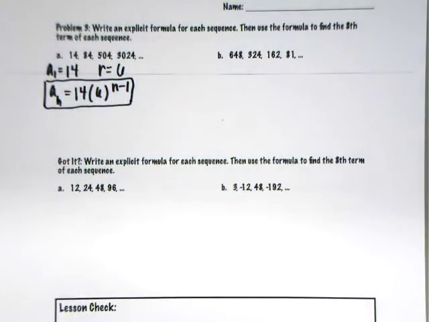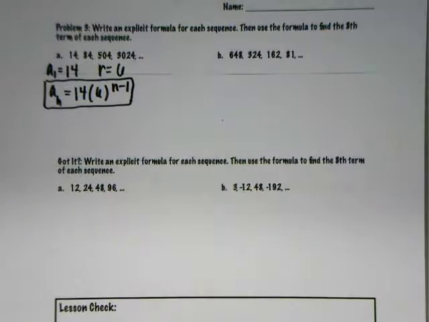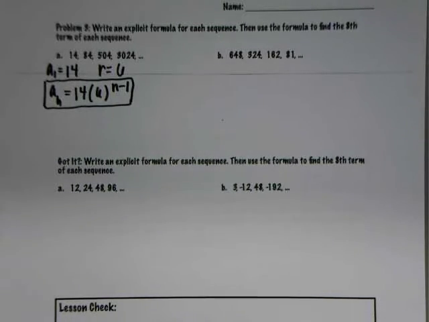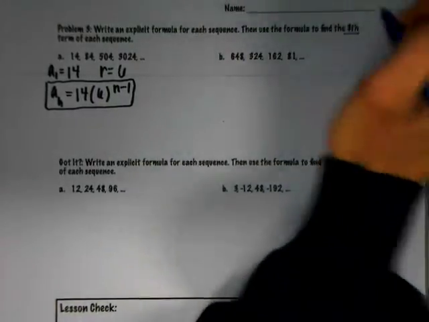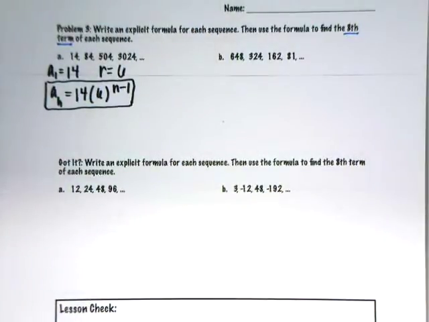And here's where you're going to need a calculator. This next part. So the formula is really easy for this one because you don't have to really do anything after that. But plugging in and finding a term is where things get tricky and people usually get it wrong. Okay? So what term does it say to find? Yeah. So we're going to plug 8 in for the n.